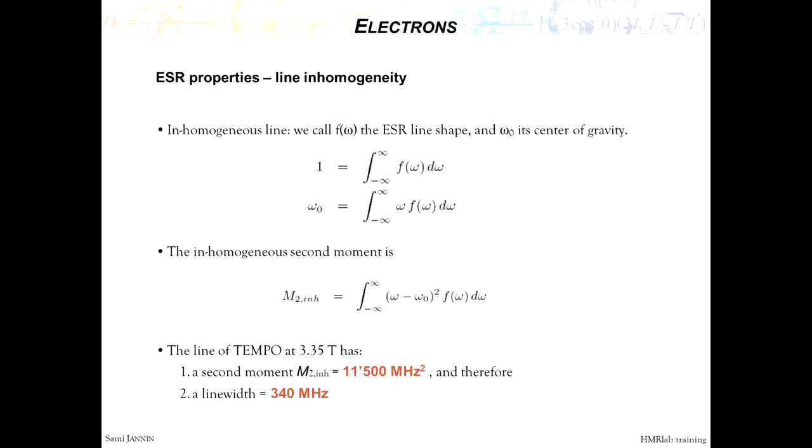There's a 0 missing here. Yeah, sorry. Thanks for noticing. And that's about what we saw on the spectrum before. So 300 megahertz width at 3 Tesla. And the proton line width is 150 megahertz.